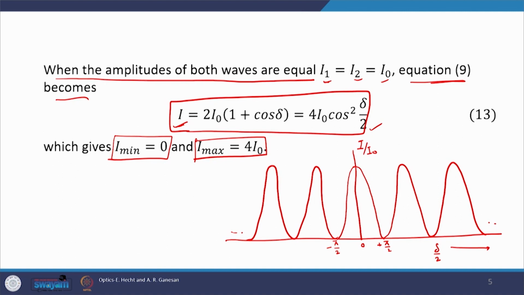Now, through this analysis, we found that if we have 2 point sources and a point of observation P which is situated very far from the point sources S1 and S2, then we observe an interference pattern, where we will see maxima and minima.